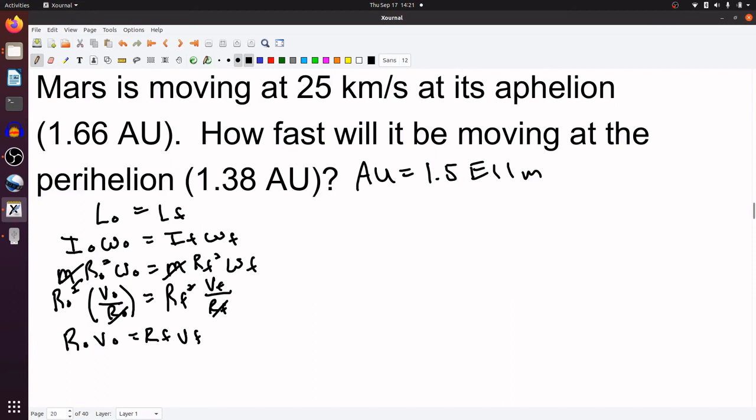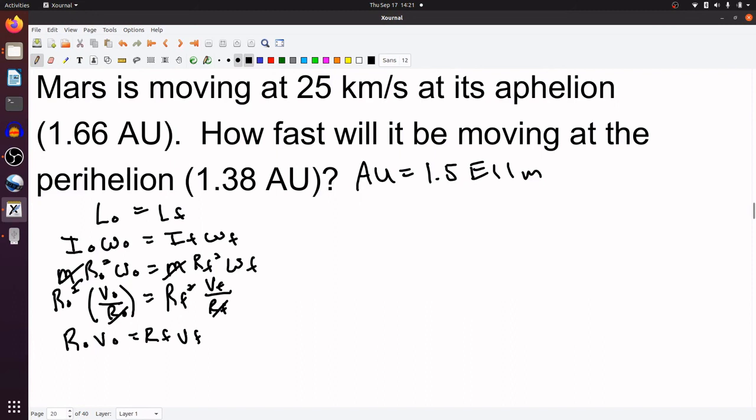All right, so we should plug in what we have. A couple tricks here: since AU is going to cancel out, I could just use the values in AU. And we generally will express the speed of planets in kilometers a second, so I could just plug it in as kilometers a second. So I will do that.